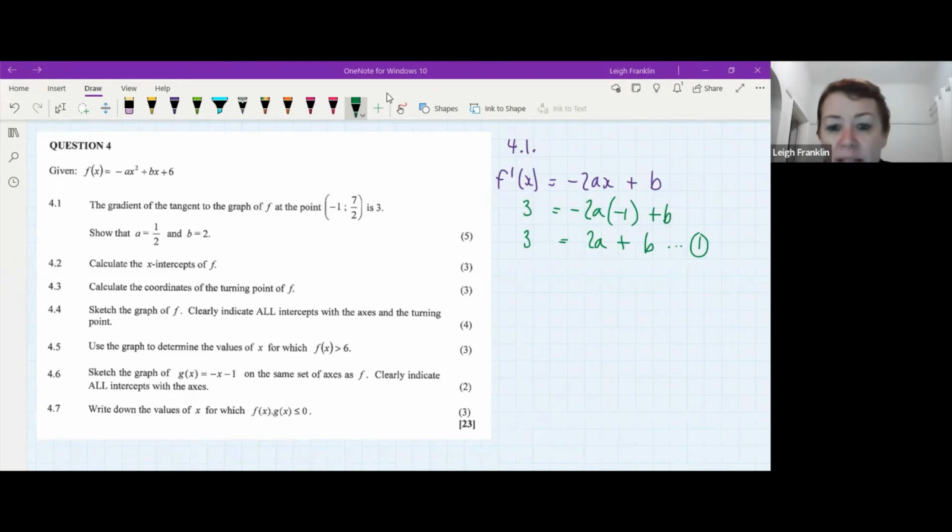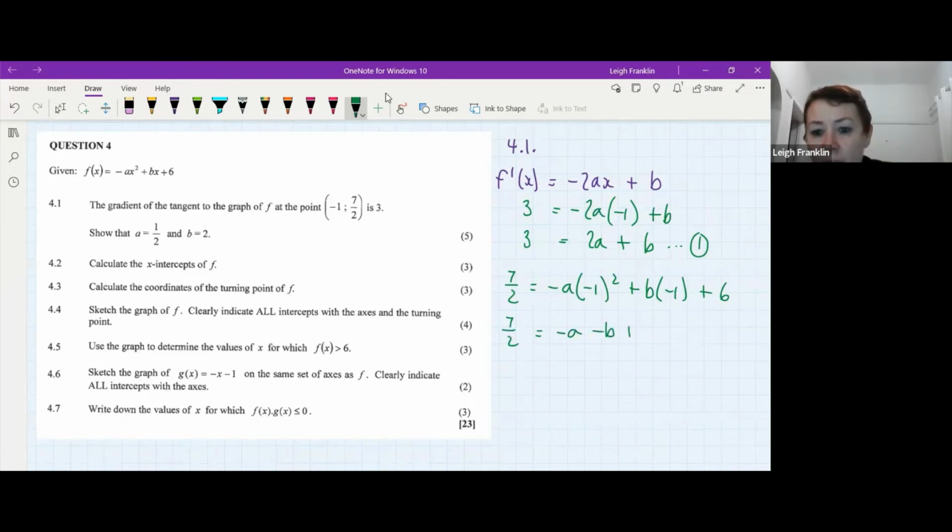So that means 7/2, f of x is equal to minus a x squared plus b times x plus 6, where x is equal to -1. So this gives us 7/2 is equal to minus a minus b plus 6.